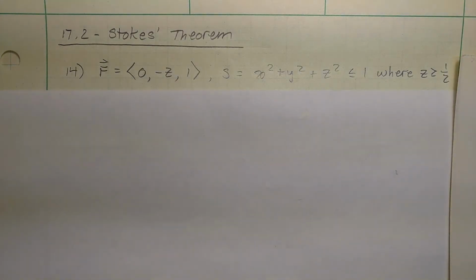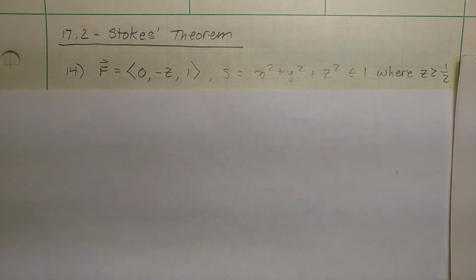If z was greater than or equal to 0, you'd have the hemisphere sticking up above the xy plane going up to a z value of 1. But now we just have the little cap part, because we start with the plane z equal to 1/2 and go above that and top off our hemisphere.